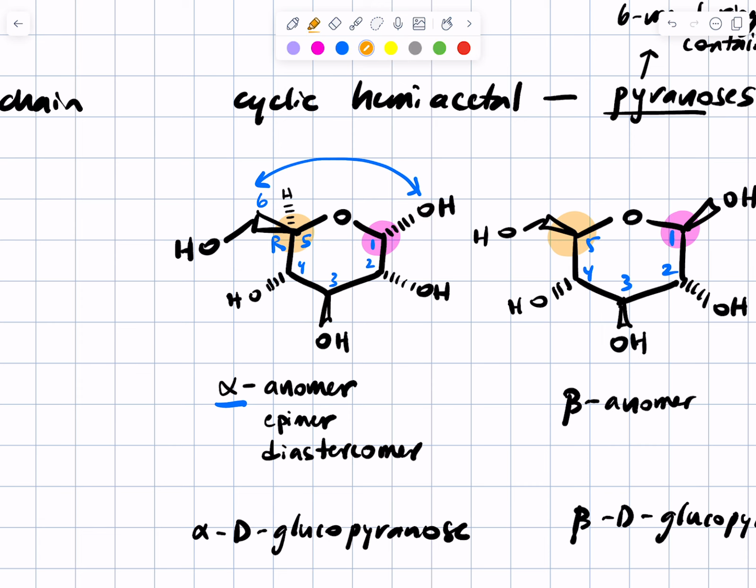Just as we used the terms cis and trans to describe whether groups are on the same side of a double bond as each other or opposite sides, so we can use the cis or trans language to describe groups that are on the same or opposite sides of the ring. So the C1 hydroxyl is trans to the C5 hydroxymethyl group.